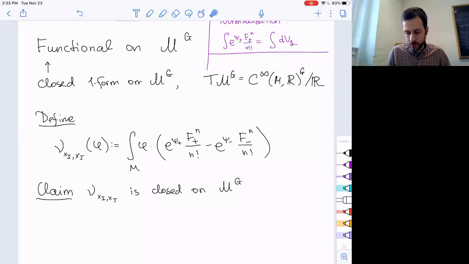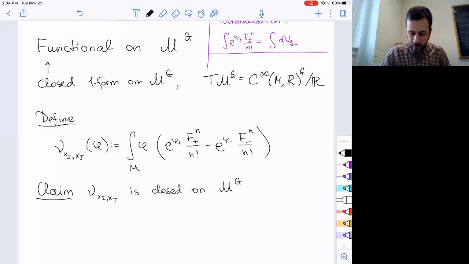So maybe I should make it a little bit more precise. Any smooth function on your manifold defines a right invariant vector field on this generalized Kähler class, and we can calculate the differential of this form evaluated on these right invariant vector fields. And right invariant vector fields do not commute with each other, unlike the Kähler situation. That's something you have to pay attention to.